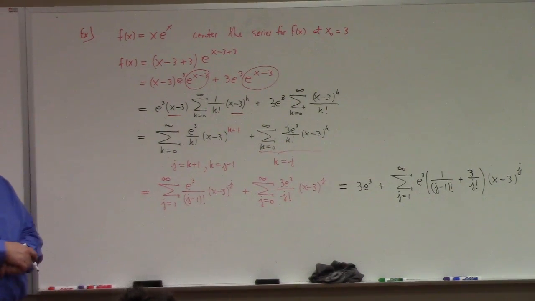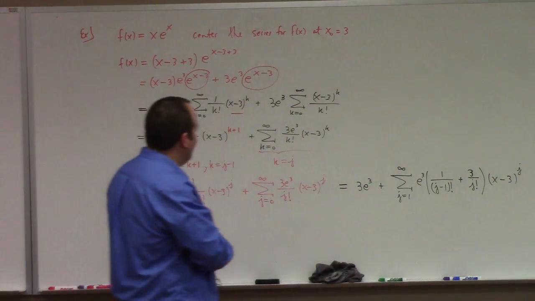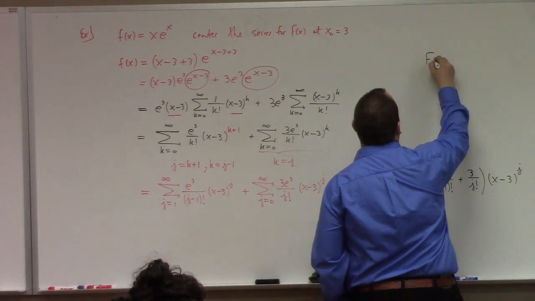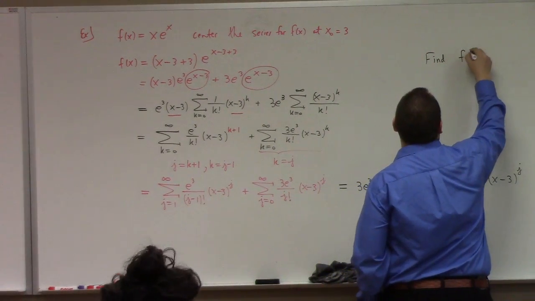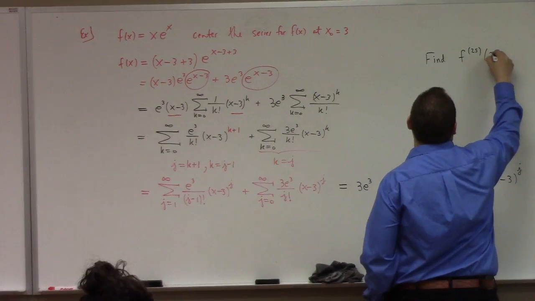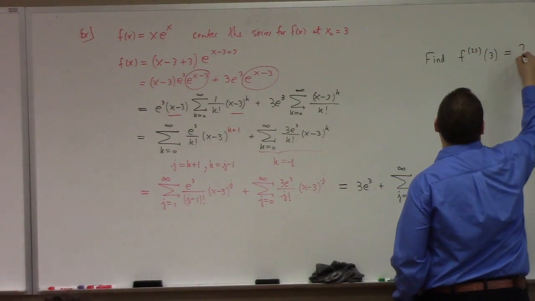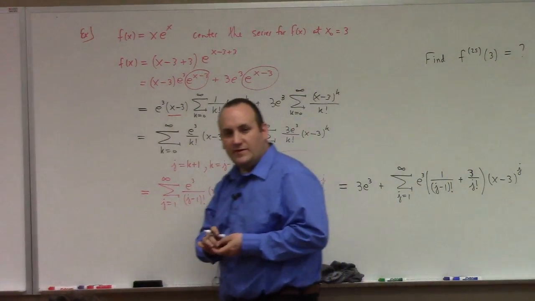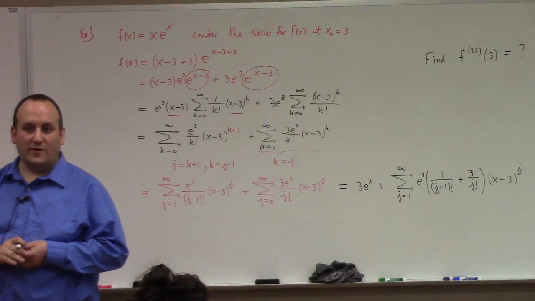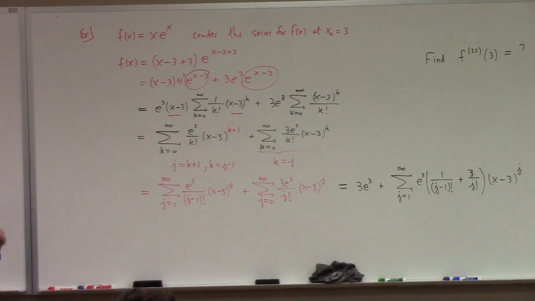All right. So here's a weird application of this. What's the 25th derivative of f of x evaluated at 3? How would you calculate that? Well, we know Taylor's series. We know Taylor's formula.